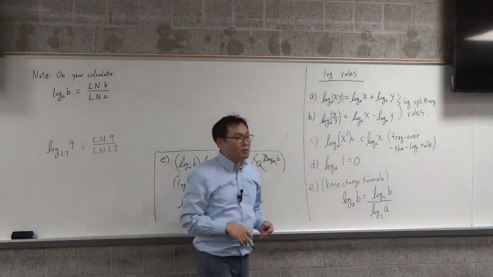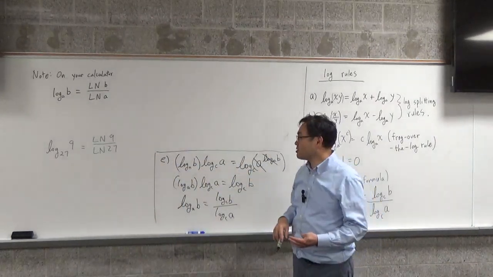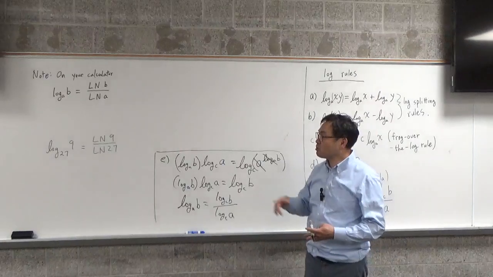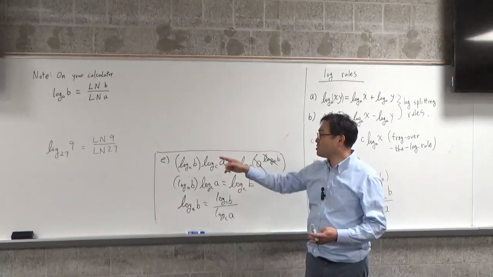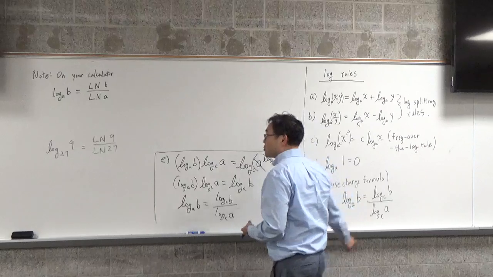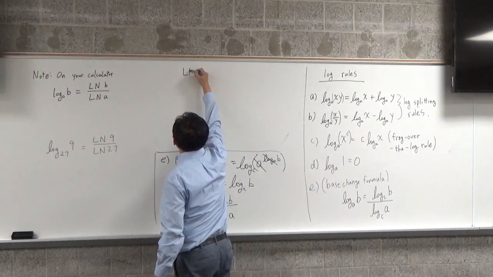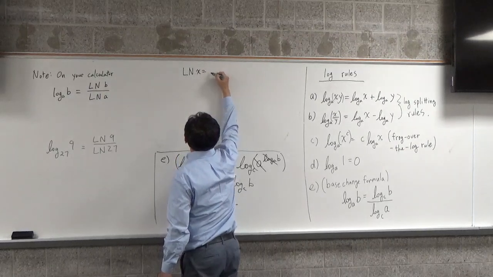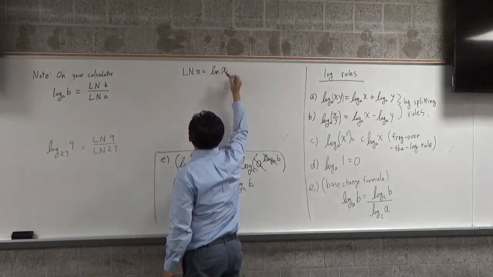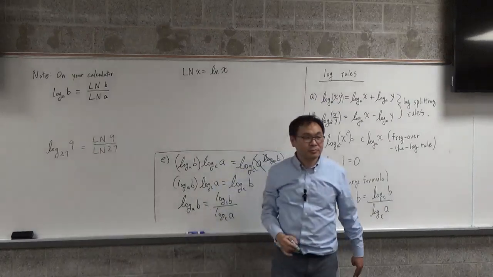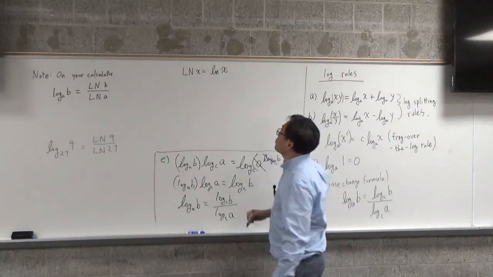Okay. Now, why am I saying this suddenly out of nowhere? I'm saying this because this is what this base change formula is doing. So this ln of x is what we call the natural log.